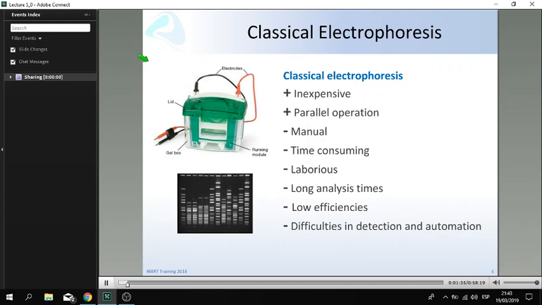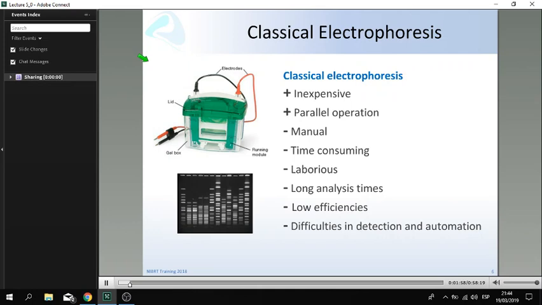Okay, so as I said, we were talking about classical electrophoresis. If you remember that lecture from 2 weeks ago, there are some advantages, but many more disadvantages of this kind of analysis. Classical electrophoresis is relatively inexpensive, and it allows you parallel operation.